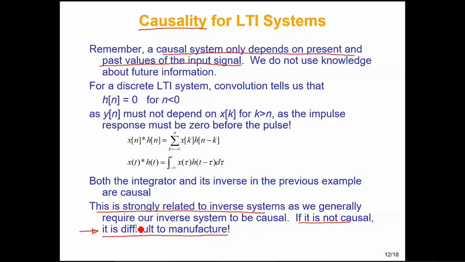If it is not causal, then it is not possible to patch it up. It's not a practical real system. So that is one point of interest, and we'll go into detail of this later in this course, but more so in DSP. In DSP, where you will be finding out inverses of systems and making inverse systems, all these things will become very important: your system has to be causal for it to be a practical system.